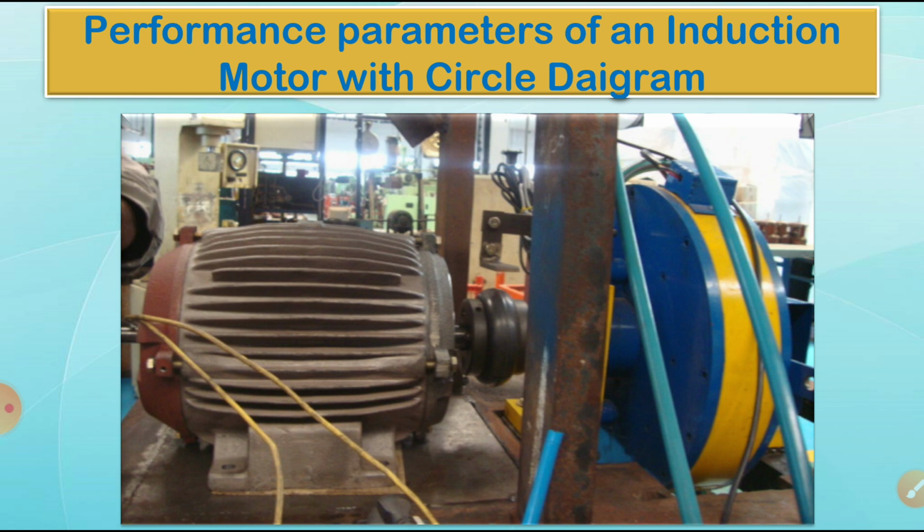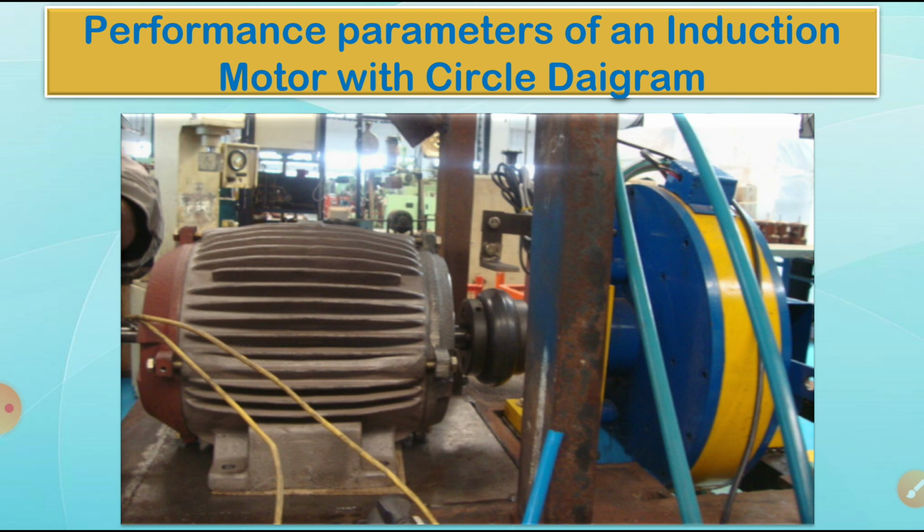The vertical from A to Q in the previous figure is I0 cos phi 0, which represents the no load input that supplies core losses, mechanical losses and stator copper losses, as you already saw in previous classes.